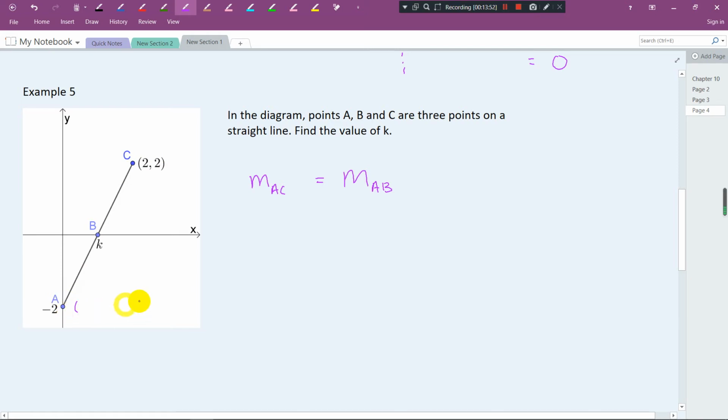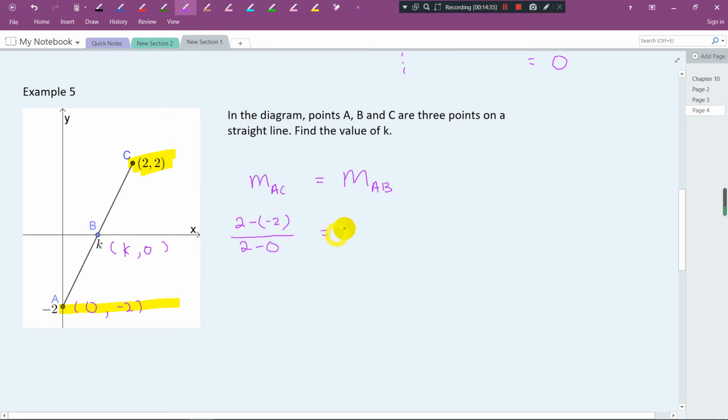Okay, now let's write the coordinates. On the y-axis, x equals 0. Negative 2, copy. Okay, how about this? On the x-axis, y is equal to 0. Write the k. Gradient of AC. Okay, now we just focus on AC, this point and this point. 2 minus negative 2 over 2 minus 0.